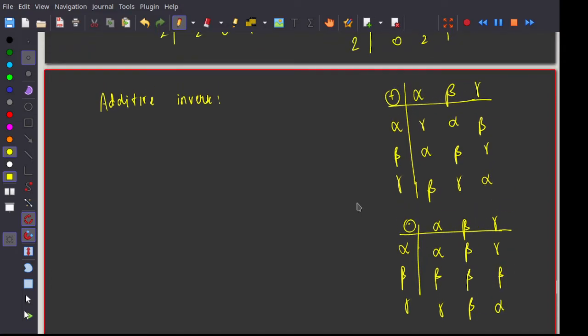Suppose I give you this particular table. I have three elements. I call them alpha, beta, gamma, and I've completely specified how addition works and how multiplication works. We have to check whether this is a field or not.